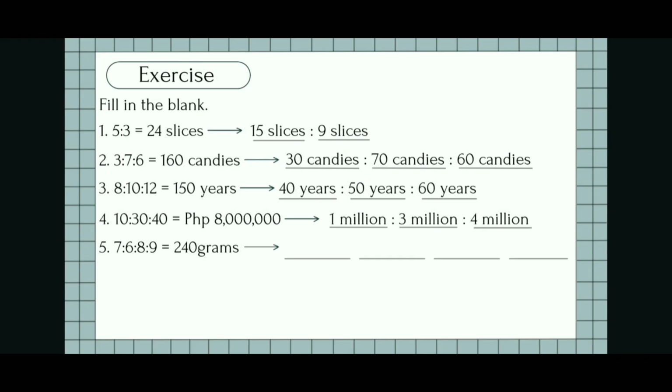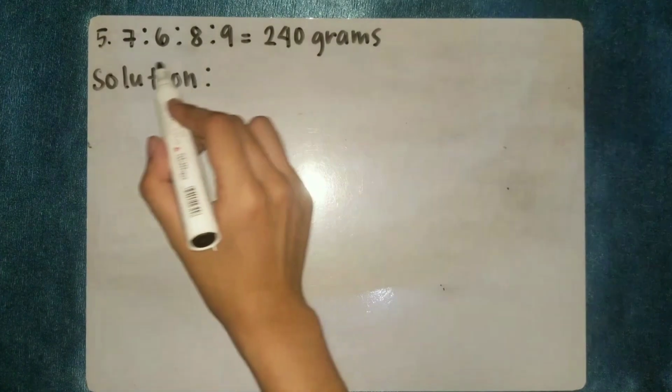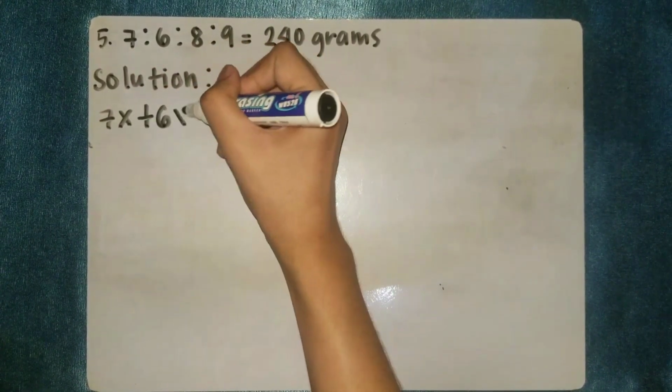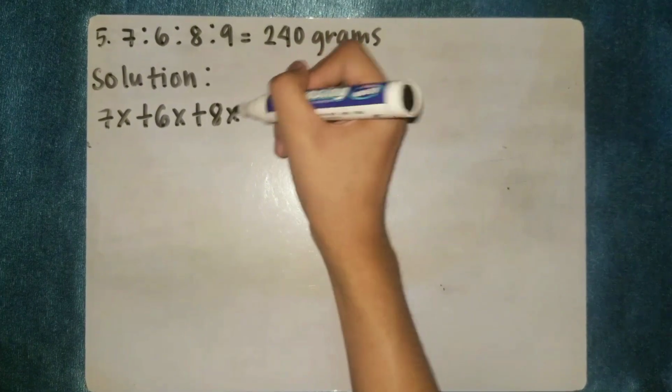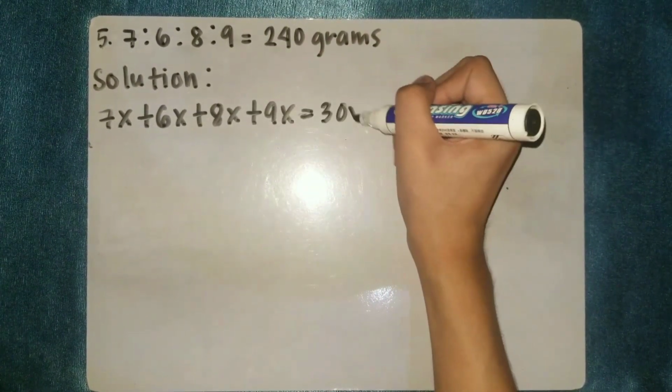Number 5. 7 is to 6 is to 8 is to 9 equal 240 grams. The answer is 56 grams is to 48 grams is to 64 grams is to 72 grams. Solution. Let's make this 7x plus 6x plus 8x plus 9x equal 30x.